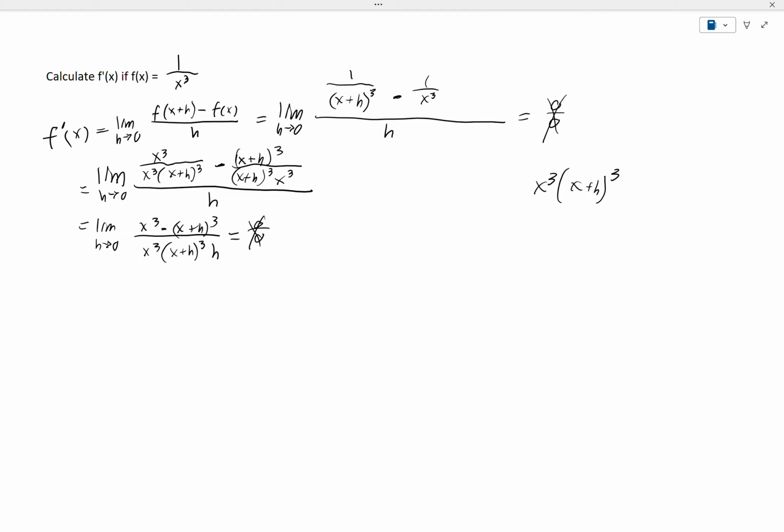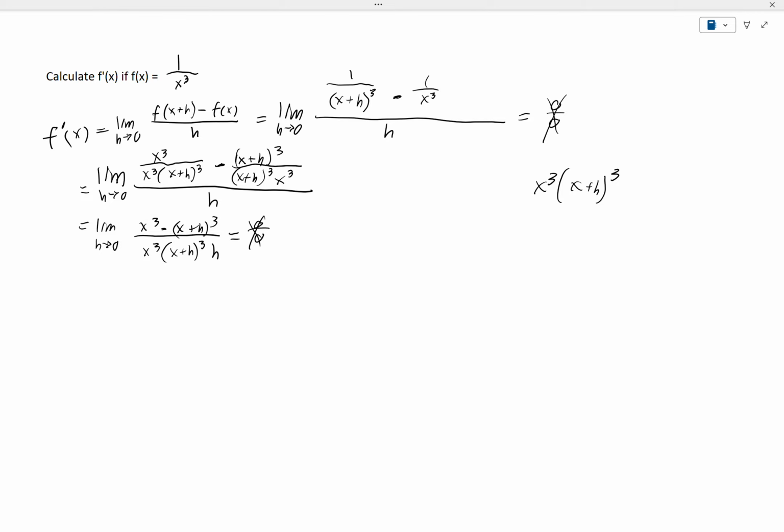So how do you perform enough work to get out of this indeterminate form? Well, I'm just seeing this up here. This is something to the third power. Maybe if I actually compute this instead of having it in this form with a power, if I use FOIL multiple times, maybe some stuff will cancel, especially with the h down here.